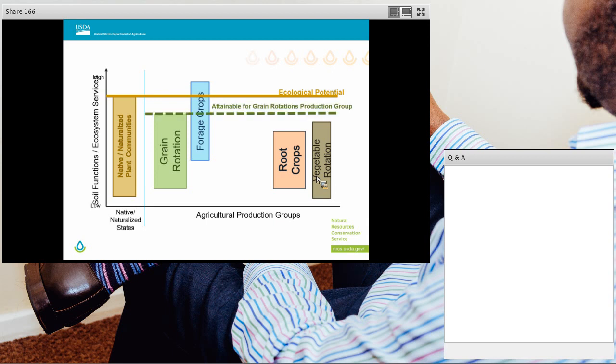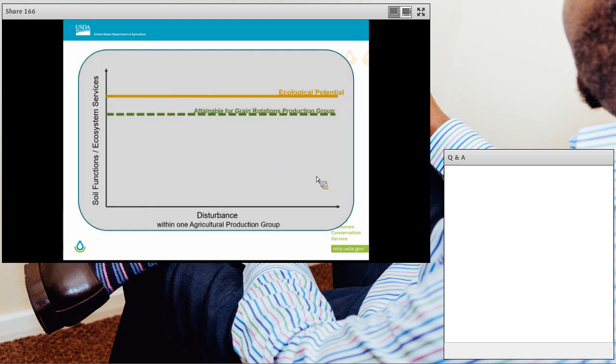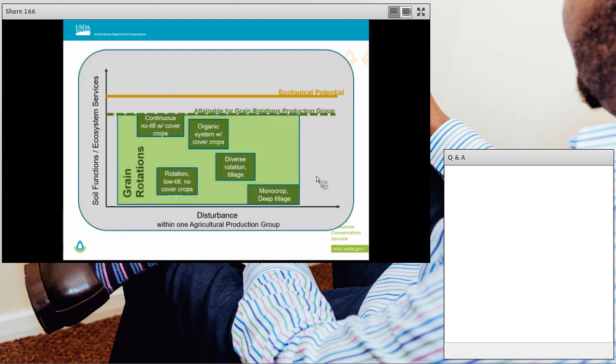And then we can start to say things about, well, what's the potential of this system in an ecological context, like what is the best thing you can do with the site? And then maybe there's something that's attainable for certain production groups or for certain kinds of management. And we can start to say something about what we think those levels are.